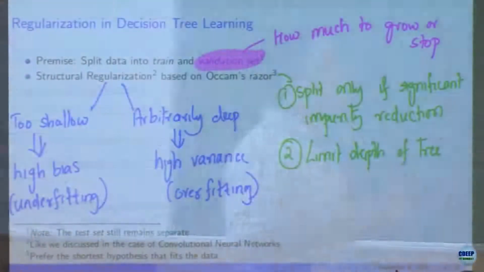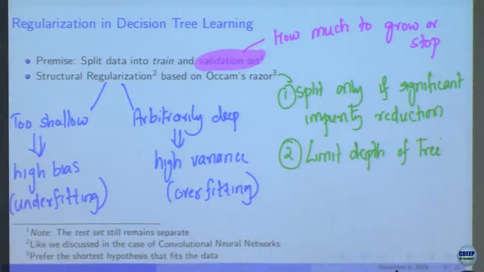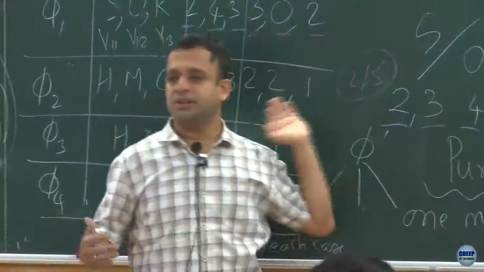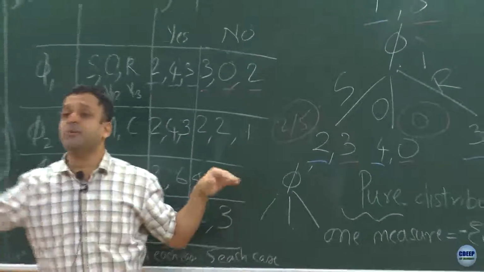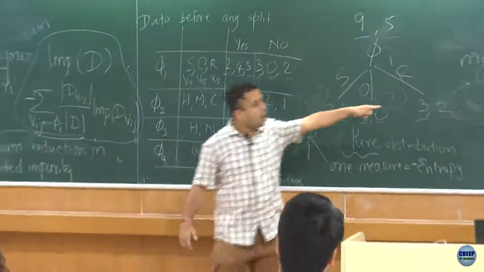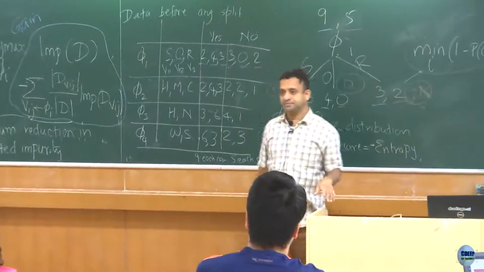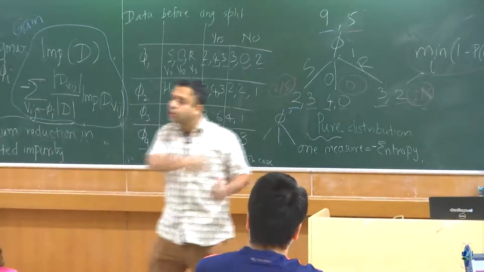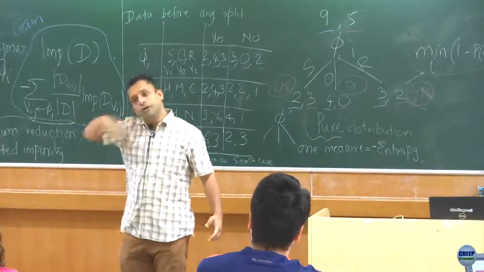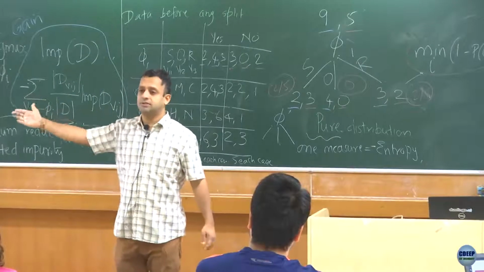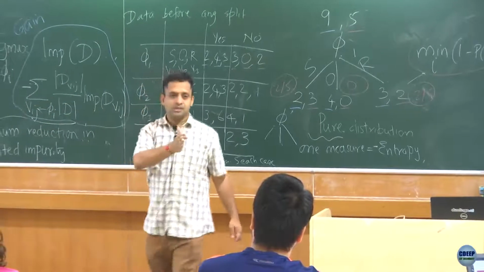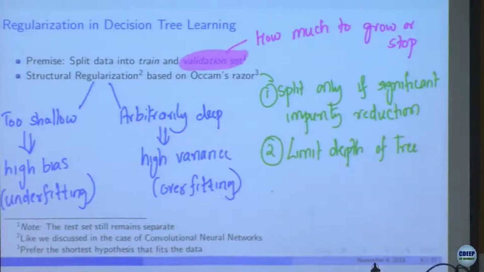So often it happens that an attribute chosen earlier on is in itself not very effective, but induces a distribution such that subsequent attributes start becoming interesting. So stopping early is not always a good idea. Sometimes you may want to grow the tree fully and then do what? Prune. Okay. I wish the applet worked.